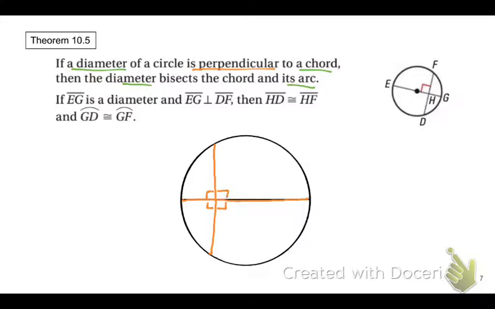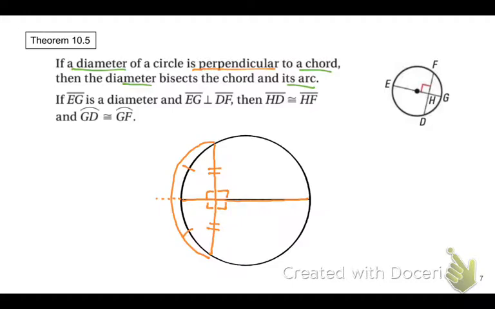They're perpendicular. Then the diameter bisects the chord. The chord is actually split in half by the diameter, and it bisects the arc. So the arc for that chord is actually cut in half by this diameter.